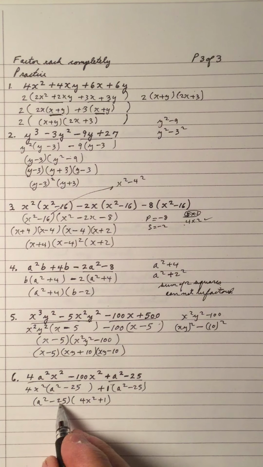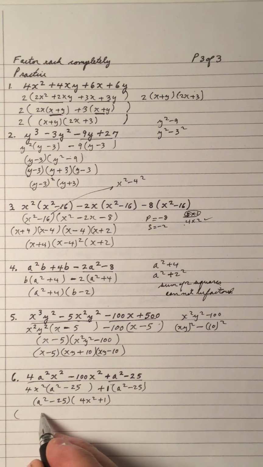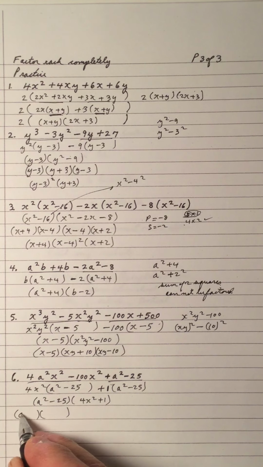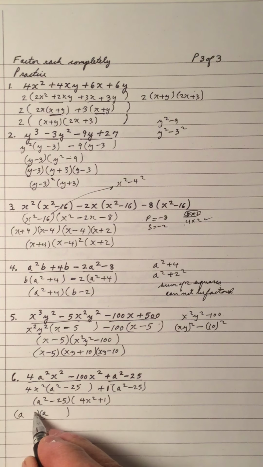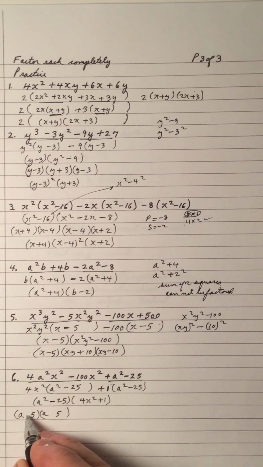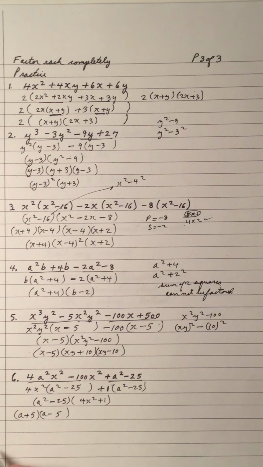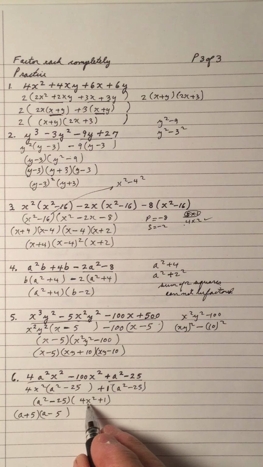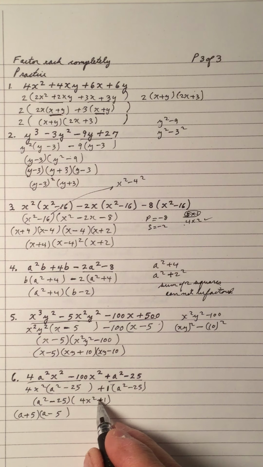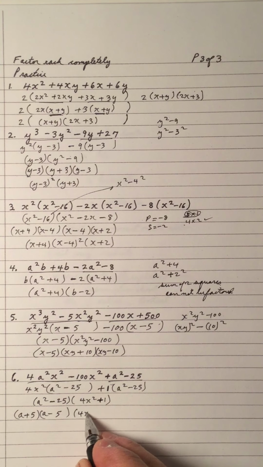And notice again the difference of 2 squares. Let's see, the difference of 2 squares is a and a. 25 is 5 and 5. And because the product is negative, we've got a plus and a minus. And this is the sum of 2 squares, but that's the sum, so that cannot factor any further.